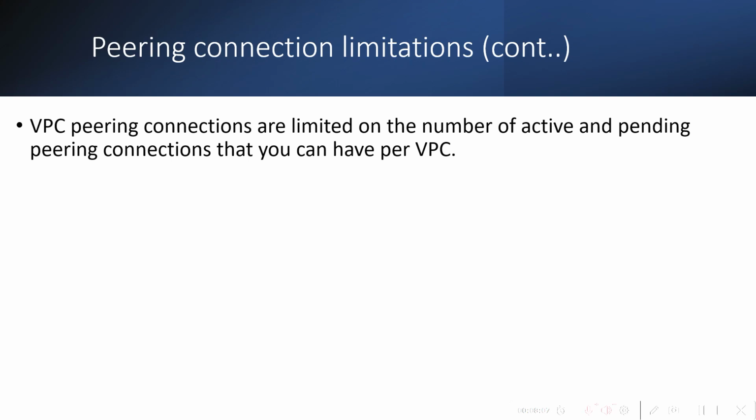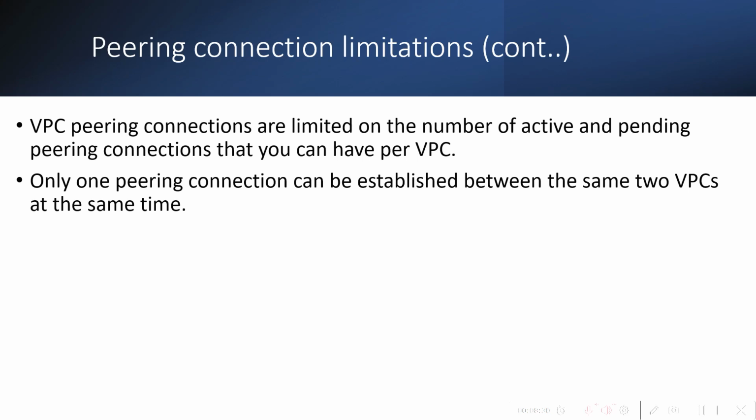Another limitation is that VPC peering connections are limited in the number of active and pending peering connections that you can have per VPC, which we have already seen in the previous slide, where the default quota is given, and also how you can request an increase in the default quota. Only one peering connection can be established between the same two VPCs at the same time.